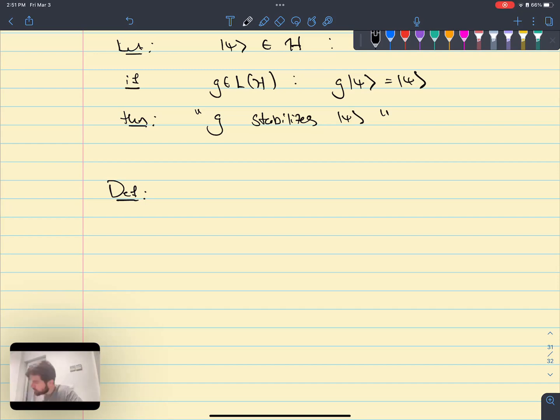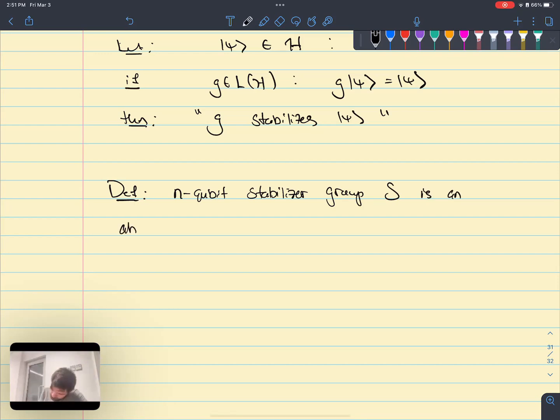So we say that an n-qubit stabilizer group S is an abelian subgroup of the Pauli group. What do I mean by that?